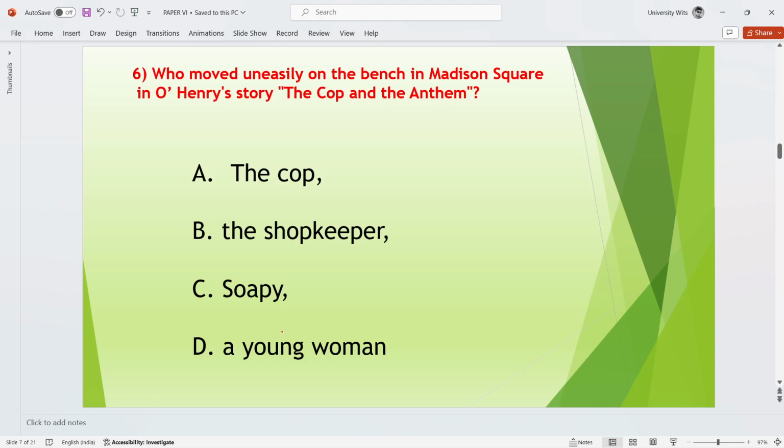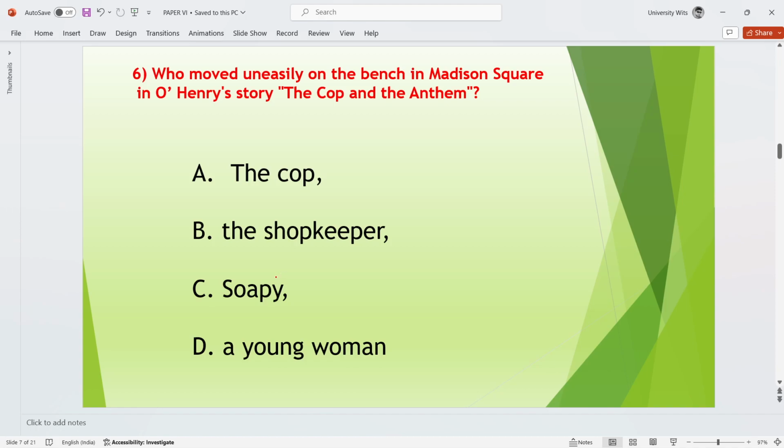So याद करो who. याद करो. Basically, the story is, the protagonist, if I say, in The Cop and the Anthem actually revolves around Soapy. Soapy was a character here.